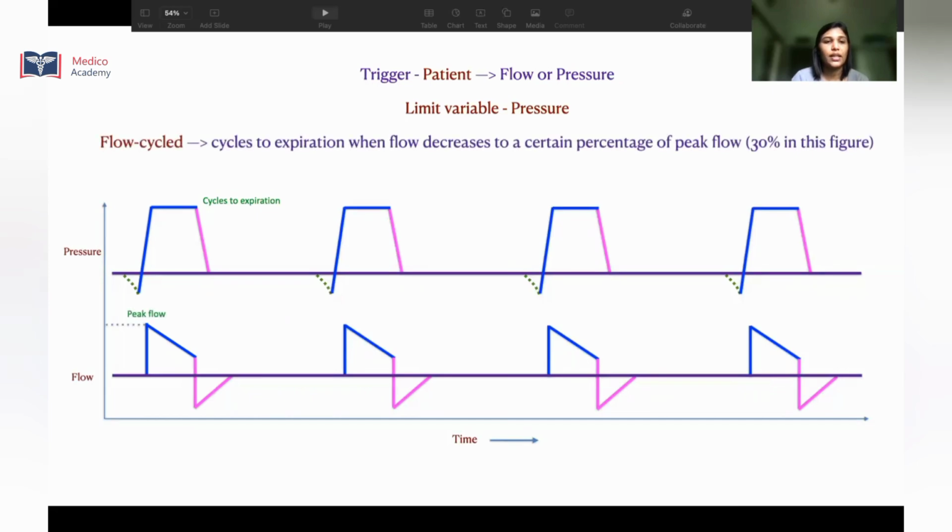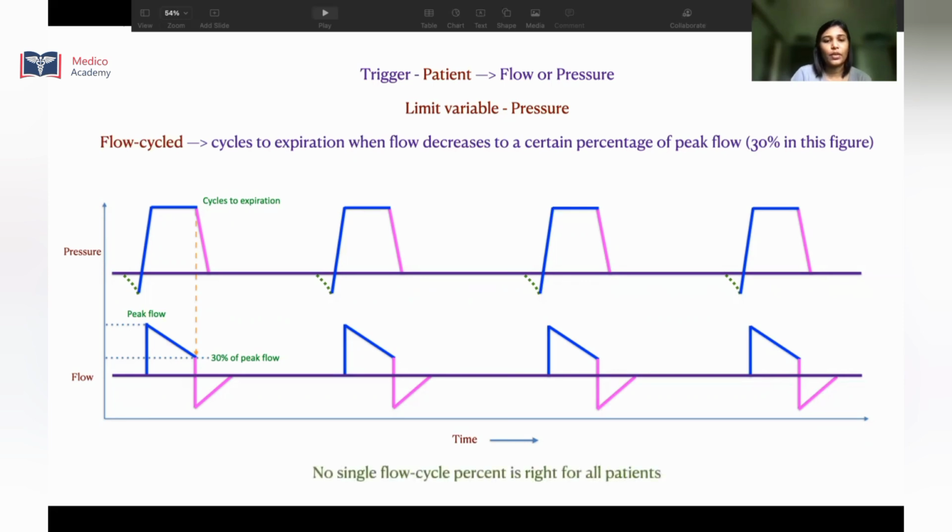As you can see, when the flow drops to a certain percentage of the peak flow, in this picture 30%, the ventilator cycles back to expiration. So in pressure support mode, it is a patient-triggered breath, the limit variable is the pressure, and the ventilator cycles back to expiration depending on the flow.